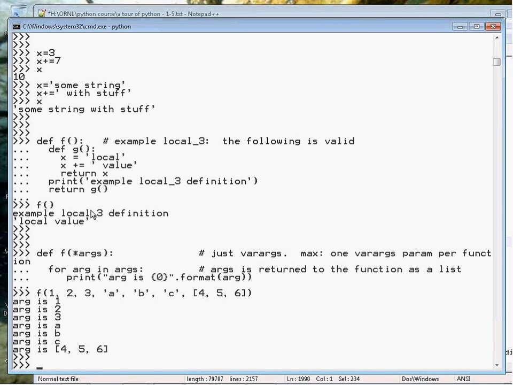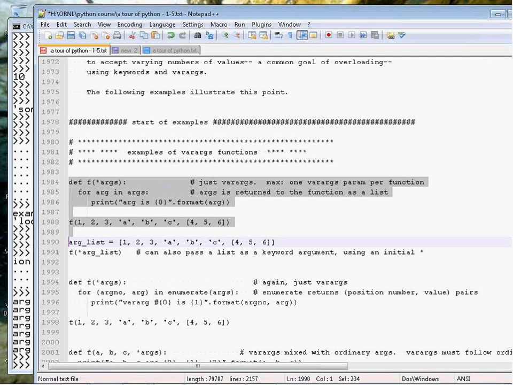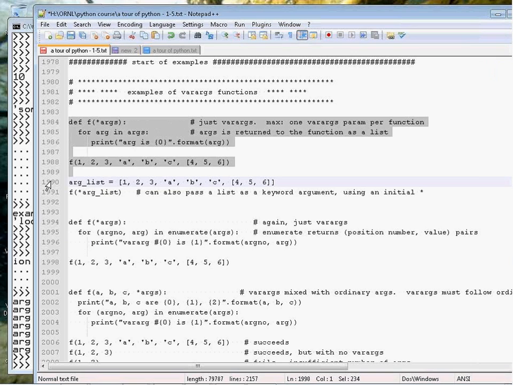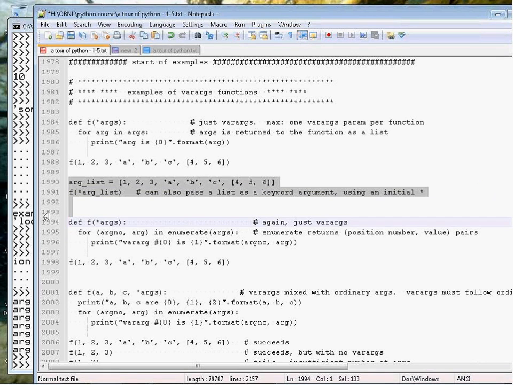That's the point of the second example. It was the same thing, but in 1988 I pass the entire list. In line 1991, I'm creating a list ahead of time, and I'm passing it with a star in front of the list to indicate that I want the list unpacked into different values as part of the passing.